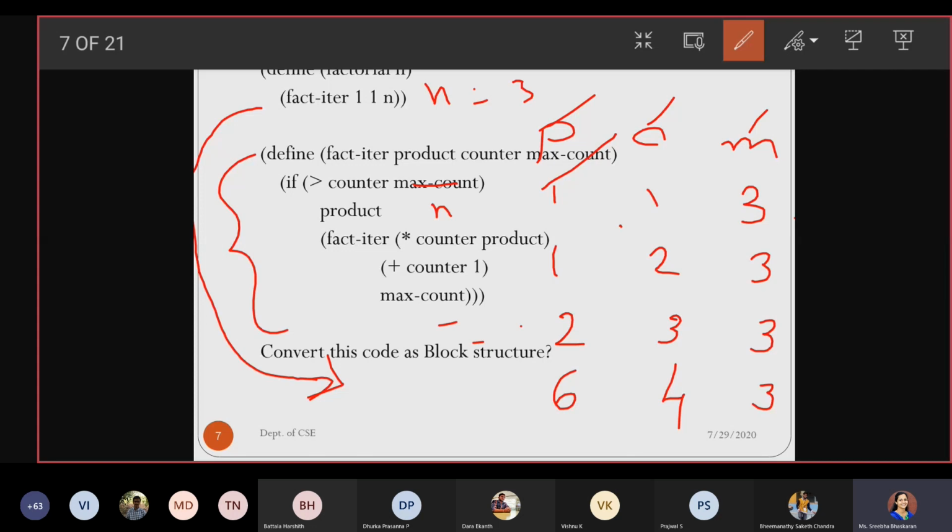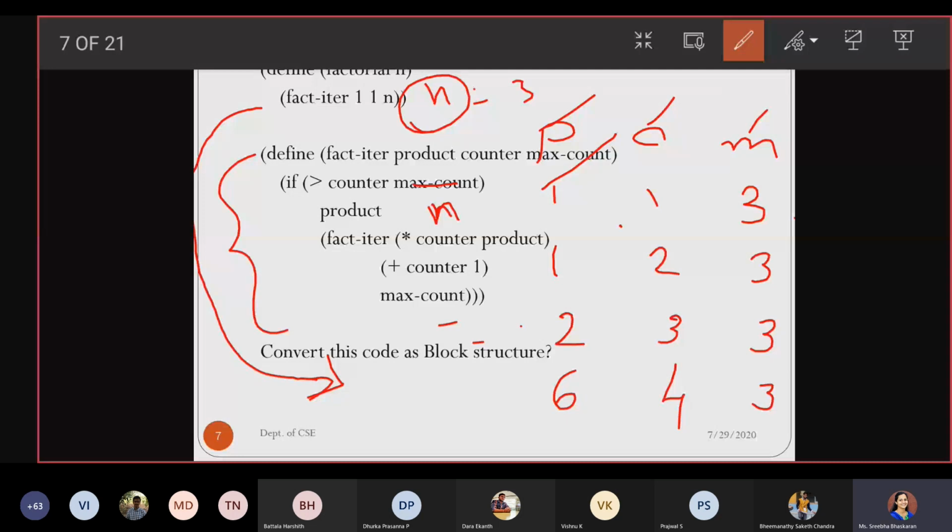Which value was it? It was nothing but the n value. Since you have defined fact ITR inside the factorial procedure, you can directly use this variable n itself, right? So wherever you had this max count mentioned, you can replace it with n itself.